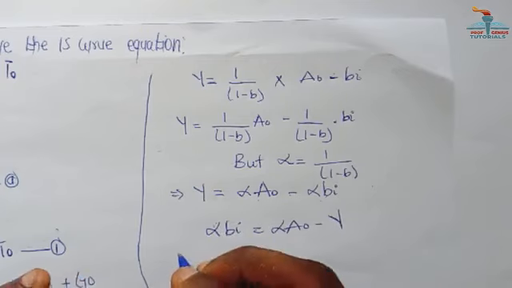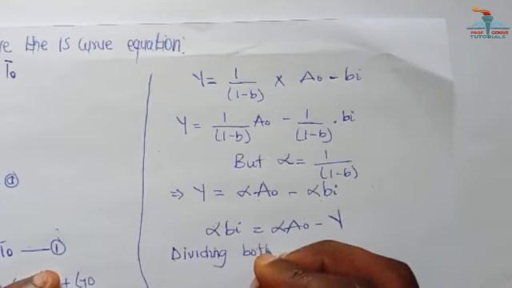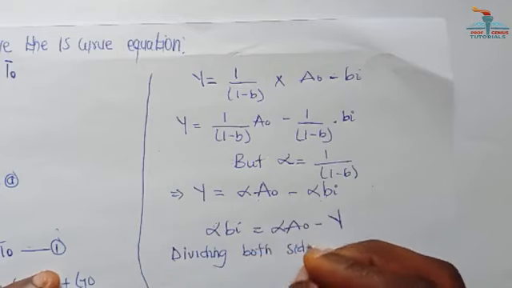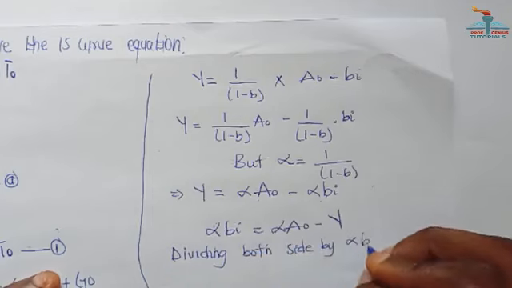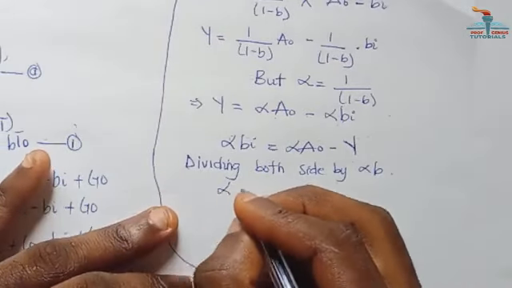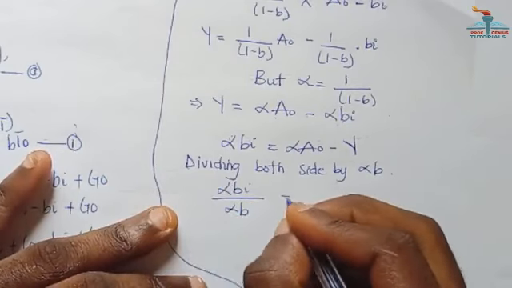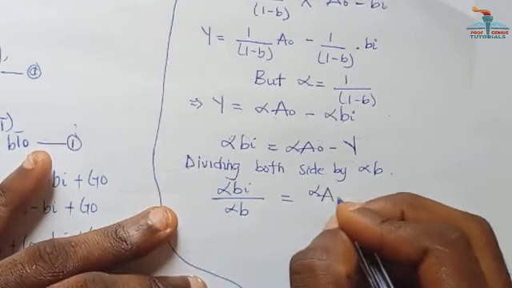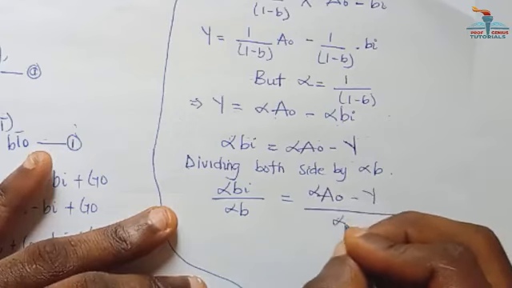Our aim is to make I the subject, but not alpha bi. So we divide both sides by alpha b. When this happens, alpha bi divided by alpha b is equal to alpha A naught minus y all over alpha b.